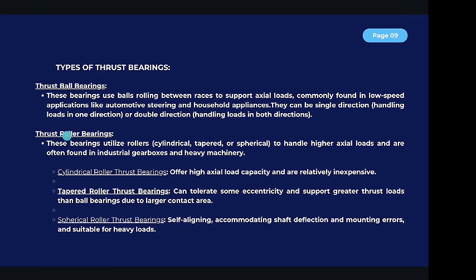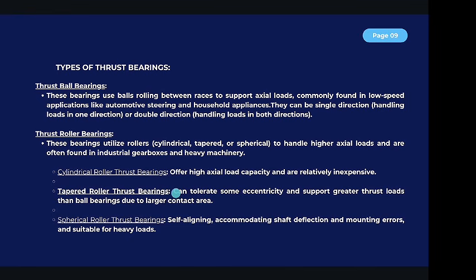Another one is what we call the thrust roller bearings. These bearings utilize rollers to handle higher axial loads and are often found in industrial gearboxes and heavy machinery. For this, we have the cylindrical roller thrust bearing, which offers a high axial load capacity and is relatively inexpensive. Another one is the tapered roller thrust bearing.